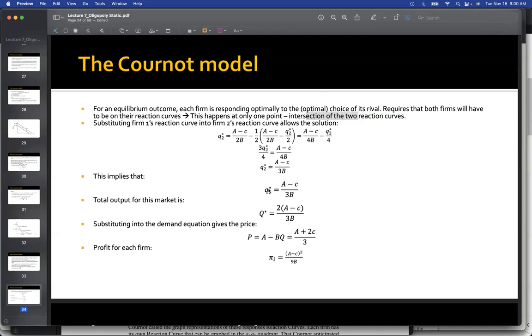So let's go back. 2/3 of monopoly output plus 2/3 of monopoly output, what is that? What's the total? 2/3 of 1 peso plus 2/3 of 1 peso is how much of 1 peso?